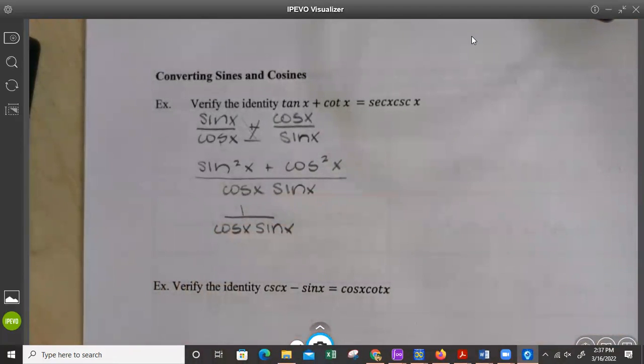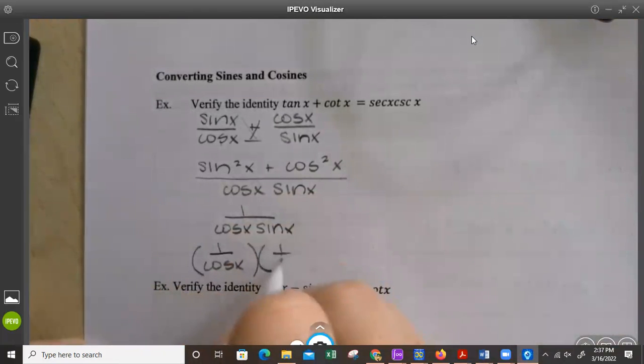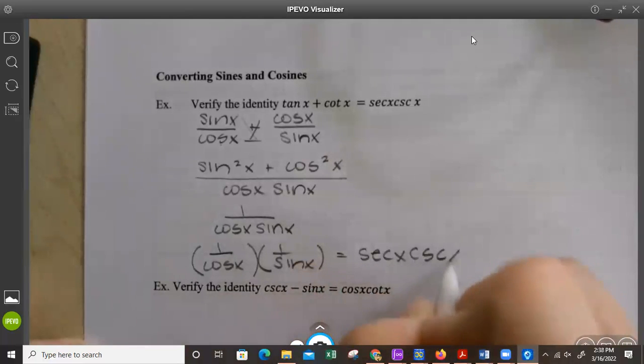If you can already see this, we're at our answer. Why? What is secant? You see it in there, 1 over cosine. What is cosecant? 1 over sine. So literally, you can split these up like this, and that's what's going to give you secant x, cosecant x.